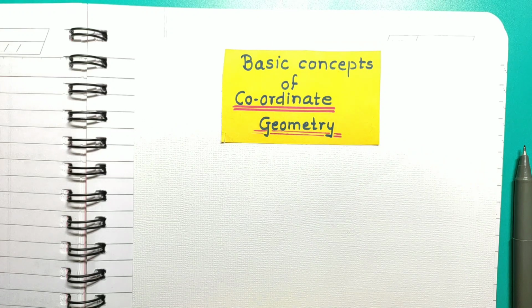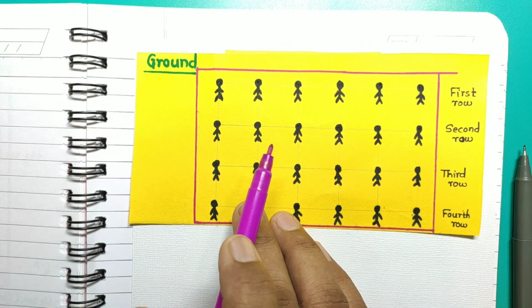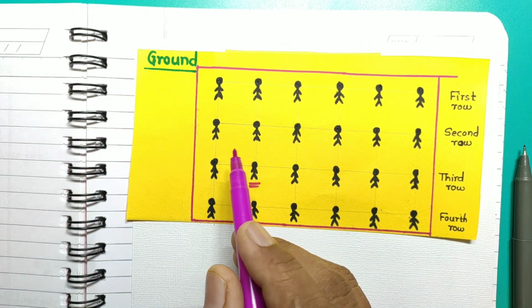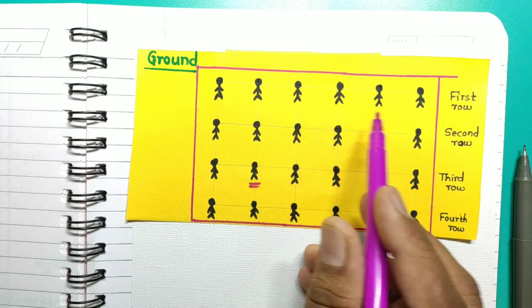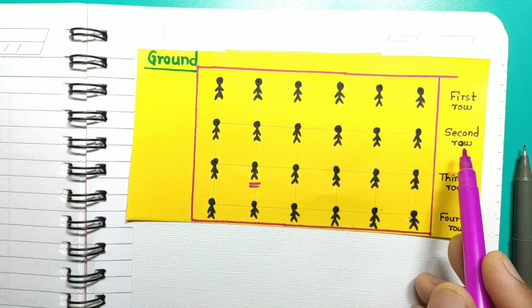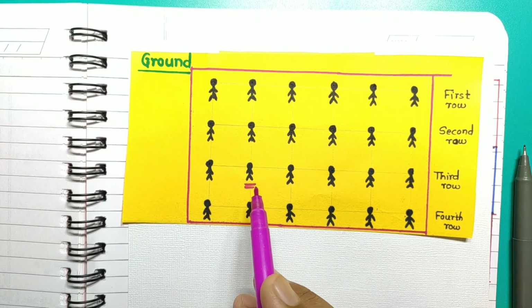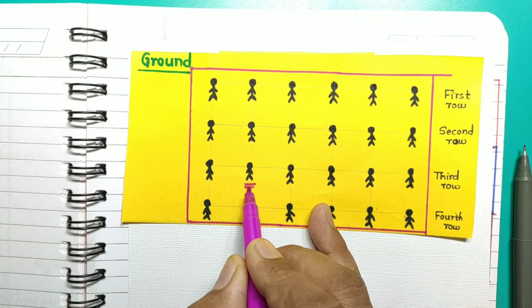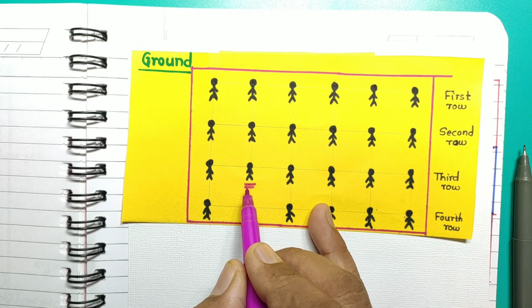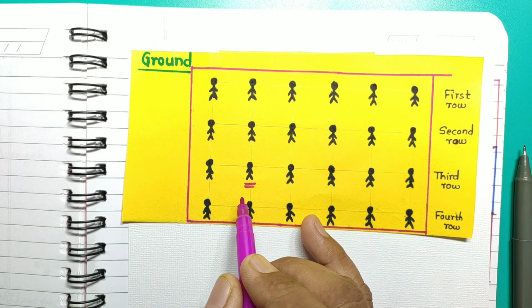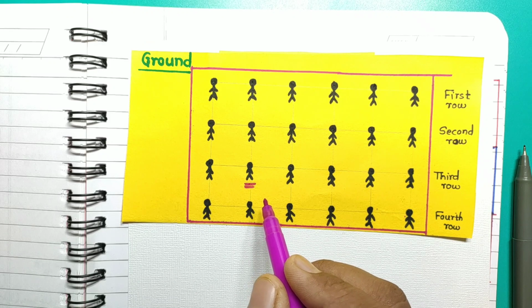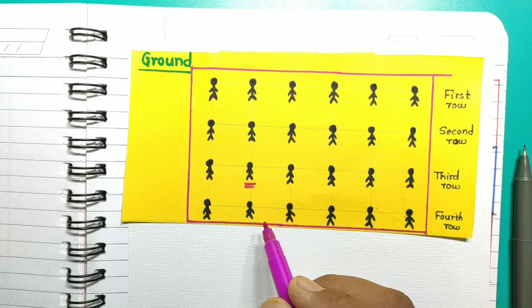So let's start. See, if some students are standing on the ground in rows, this is first row, second row, third row and fourth row. And if Arnav is standing here, and if someone asks where is Arnav standing, what would you answer?